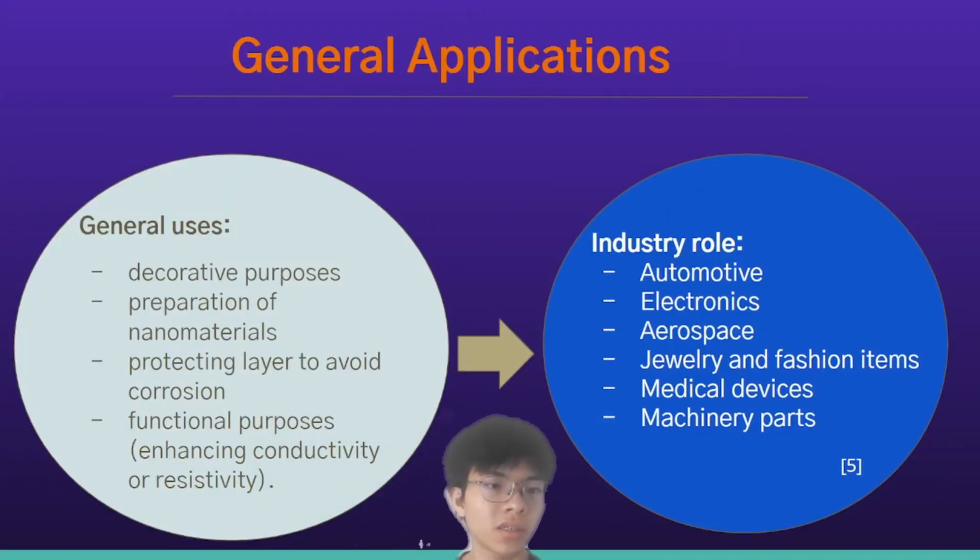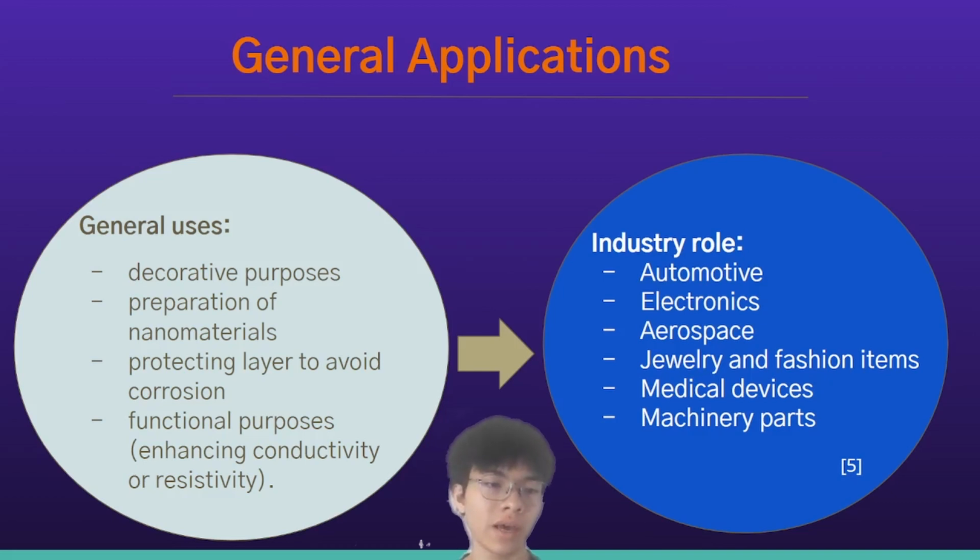Currently, electrode deposition has general uses for decorative purposes and the preparation of nanomaterials, and it could also act as a protective layer to avoid corrosion from occurring. And finally, electrode deposition can be used for functional purposes.